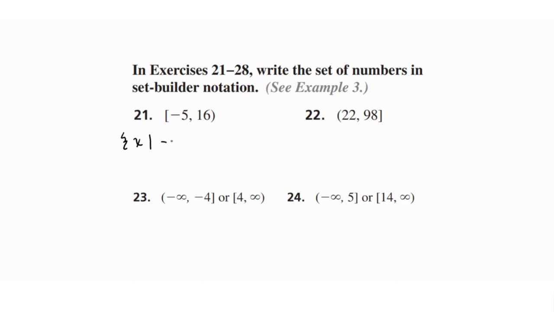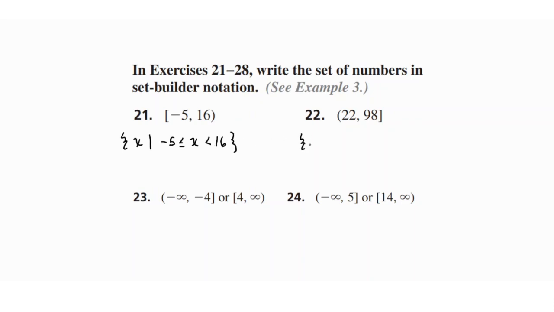So we're going to say -5 is less than or equal to x is less than 16. So we have all the values between -5 and 16, but we're going to include -5, but not include 16.